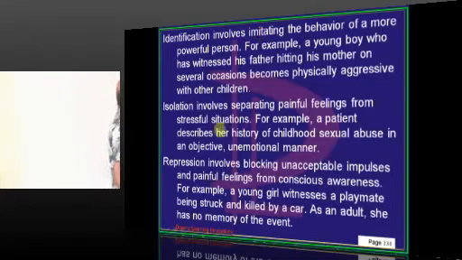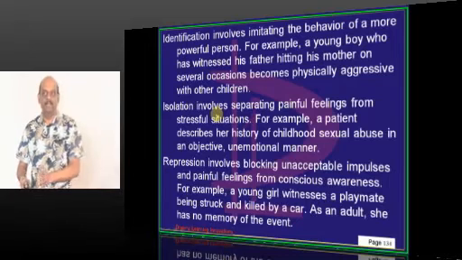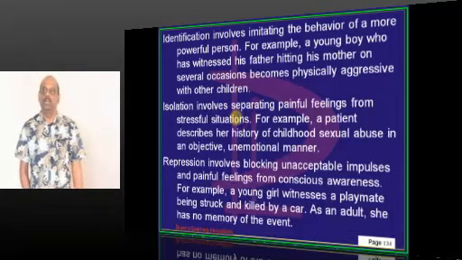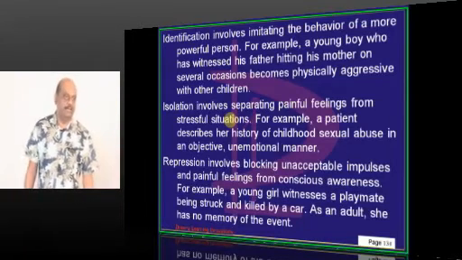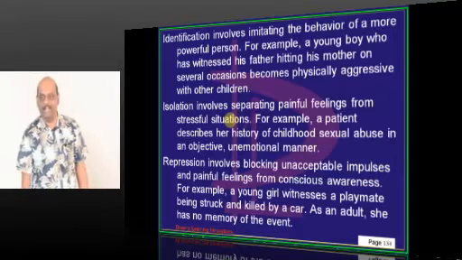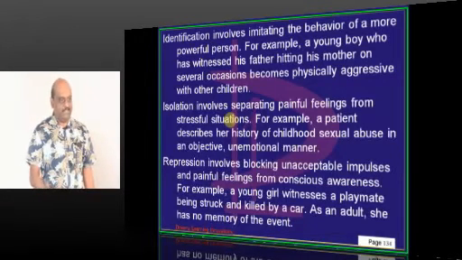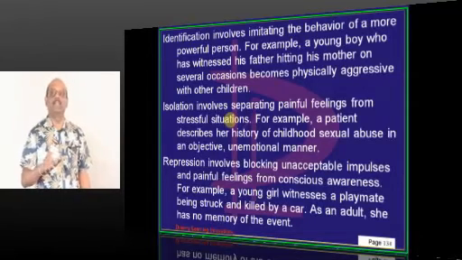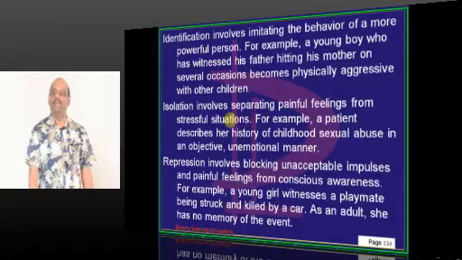Then comes isolation, where you separate painful feelings from the stressful situation. See, if you are doing a night duty, back to back another night duty because your friend didn't come, 36 hours is one night duty, and once more you are in the same apron with the stinking body.